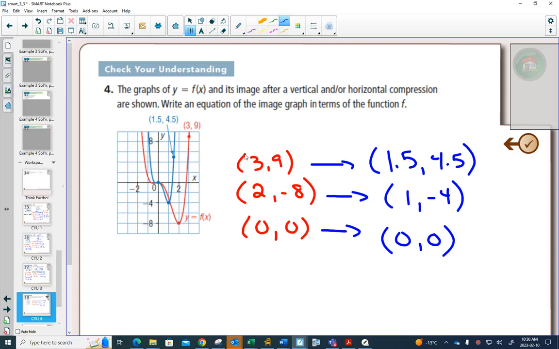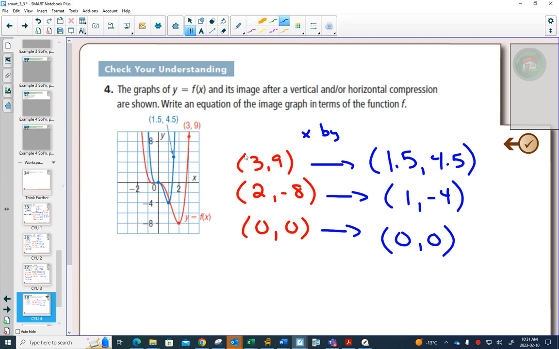But now we have to work backwards. So having these points, can you see what happened, what you would write above the arrow? What happened to your x values? Well, 3 went to 1.5. 2 went to 1. 0 stayed at 0. Can you see that your x values have been multiplied by something?